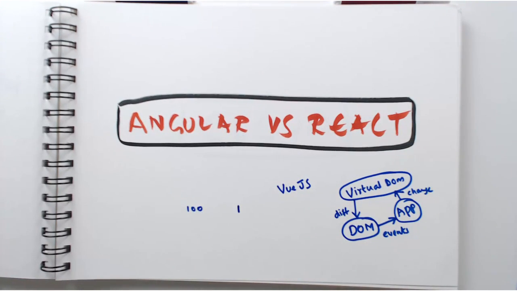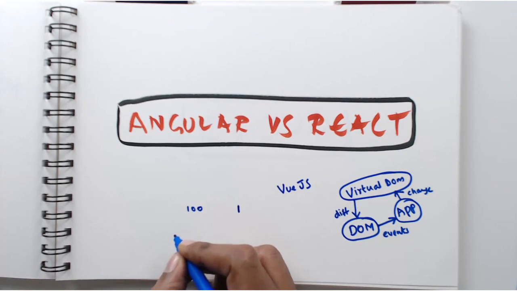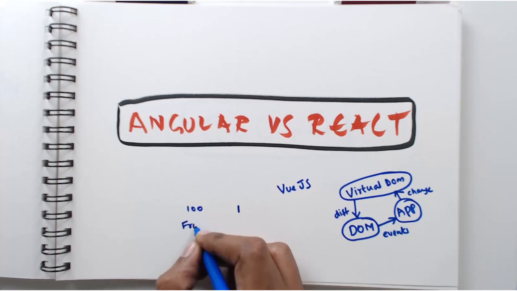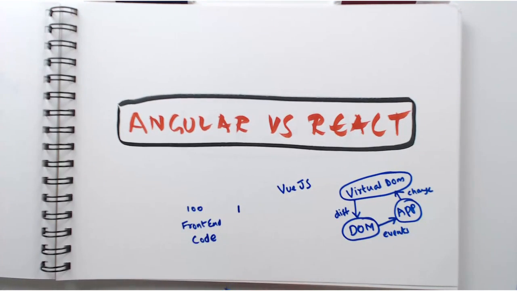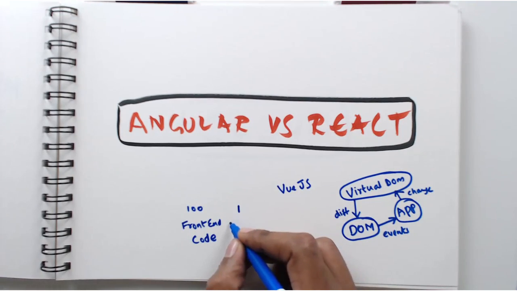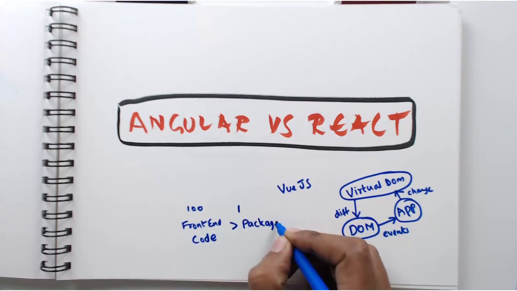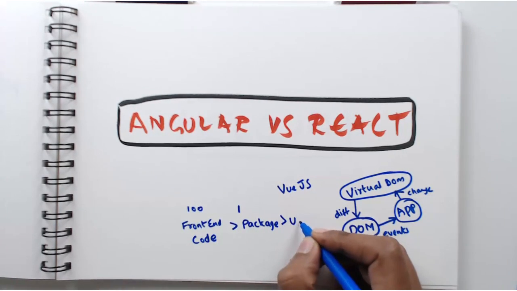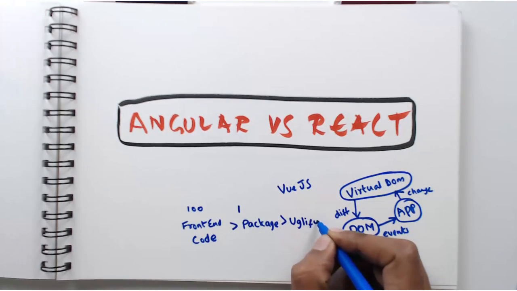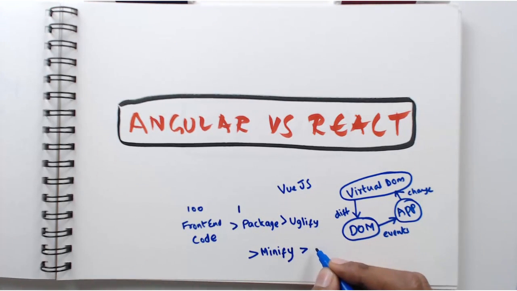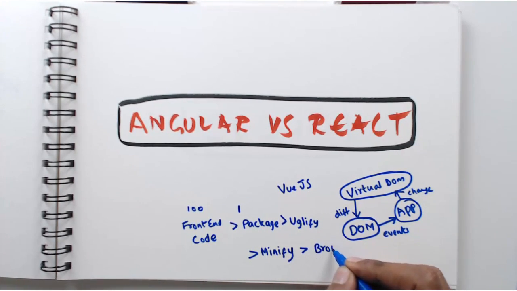How does that magic happen? It happens because of a number of steps. You have your front-end code. After that comes something called packaging. After that, there is something called uglification, or uglify. After that, there is something called minification. And after that, you have something ready to go to the browser.